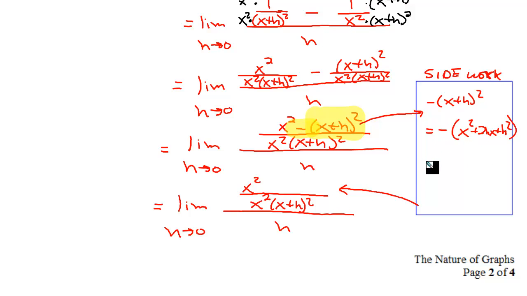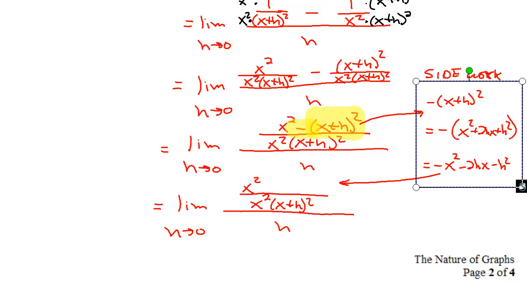It's still in parentheses because there's a minus in front of it. When you distribute that minus, it's a minus x squared minus 2hx minus h squared. So let me change this arrow here. That is side work.